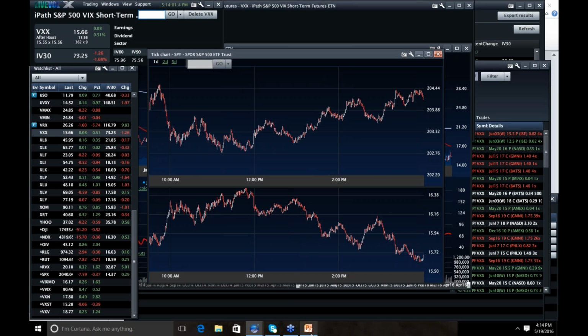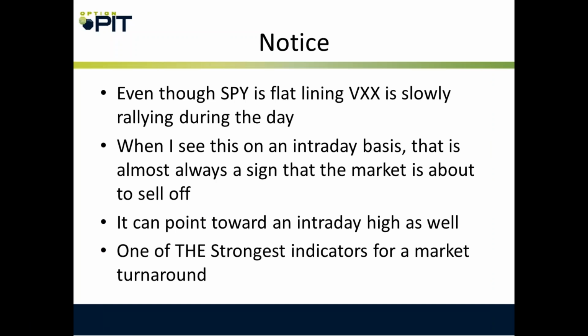VXX is going to lead. So when SPY is flat and VXX is rallying, that is a huge tell that the market's about to drop. And vice versa. When the market is dropping and VXX is starting to sell off, that is a huge tell the market's about to rally big.